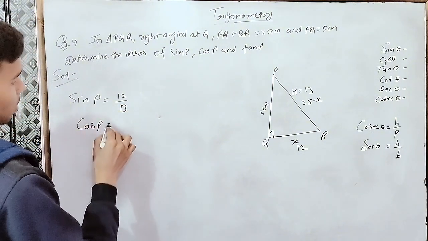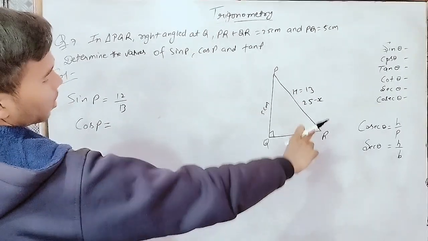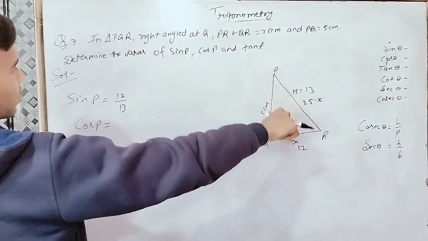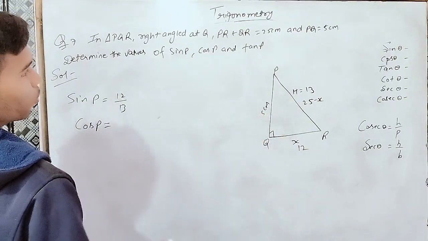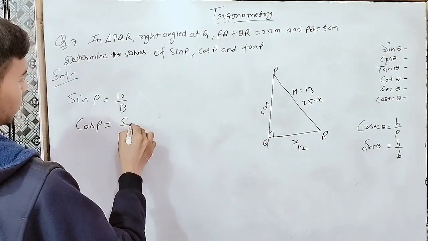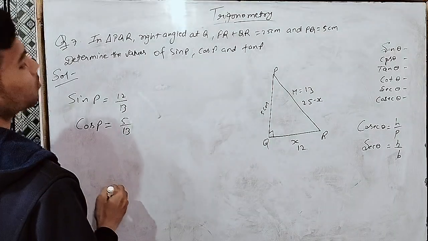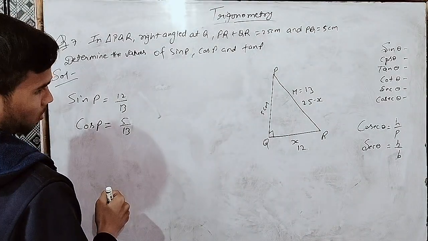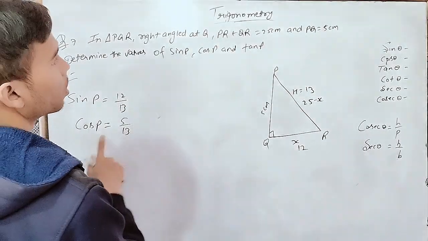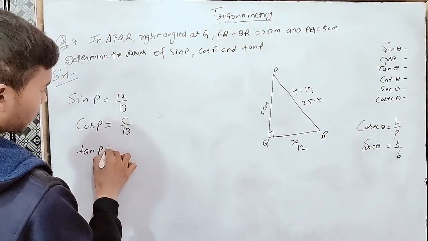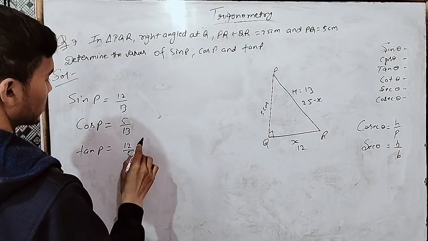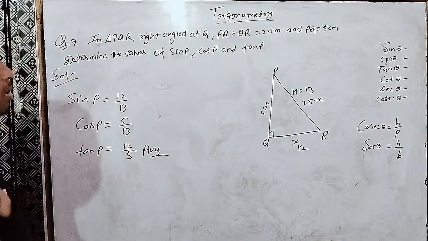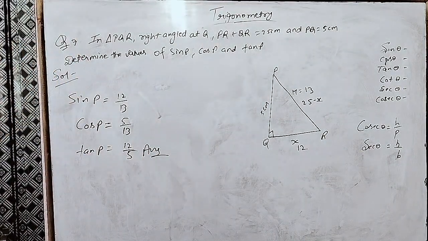Cos P is B by H, so 5 by 13. Then tan P is P by B. That is how. We are moving on to the next question.